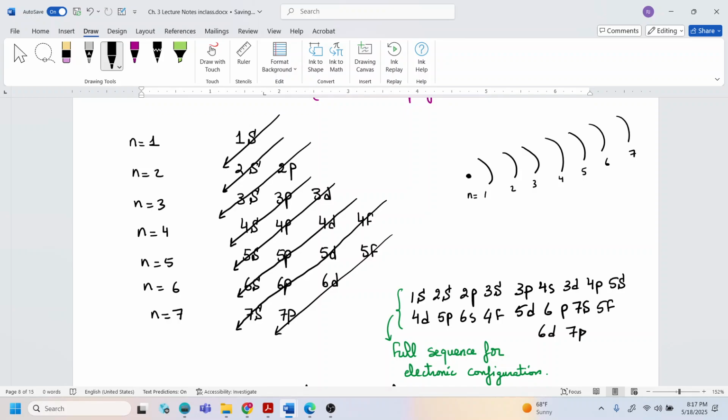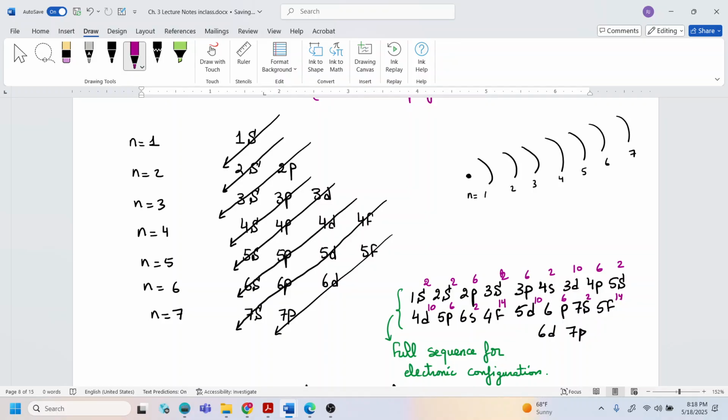Now it's time to fill in the electrons. We know that the s orbital has a maximum capacity of 2 electrons, the p has a maximum capacity of 6, the d is 10, and the f is 14.